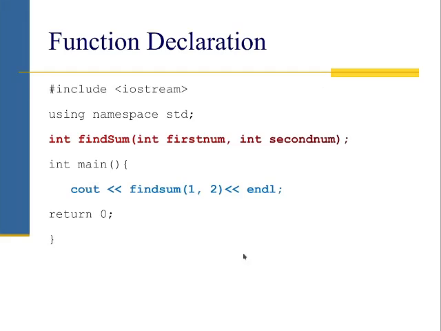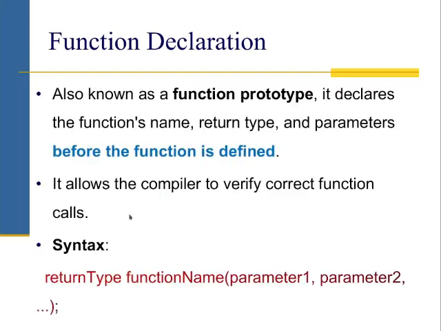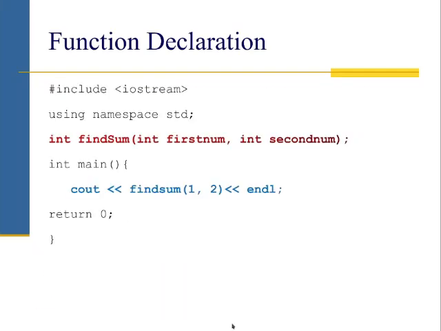Basically, just like this, we are using int as a return type. It should return an integer for us, and we are using this per the syntax. This is our function name, and these are our parameters. We are giving it a first parameter.